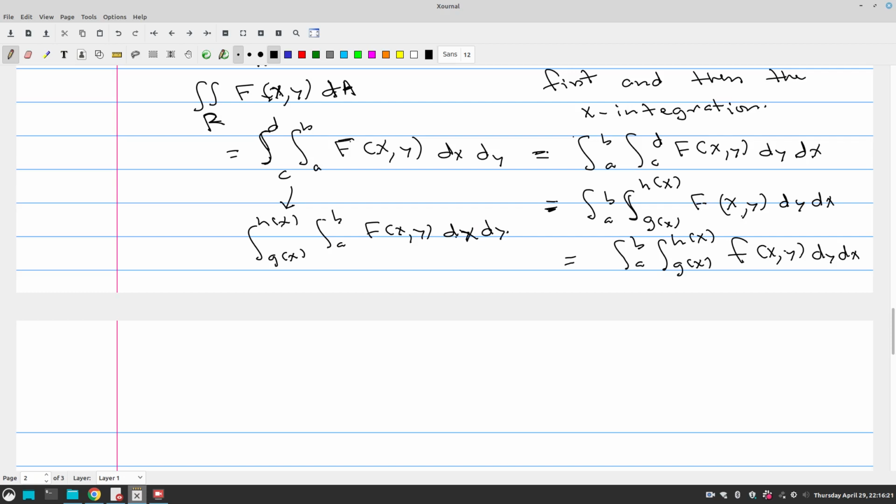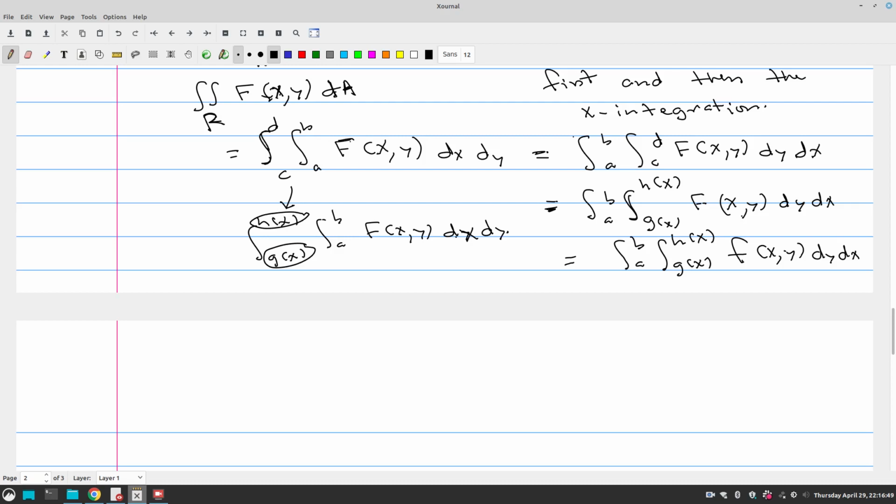Now the problem with this is that after you integrate with respect to y, you're going to have some issues with these functions. You'll have x in your answer. You're not supposed to have x's in your answer.